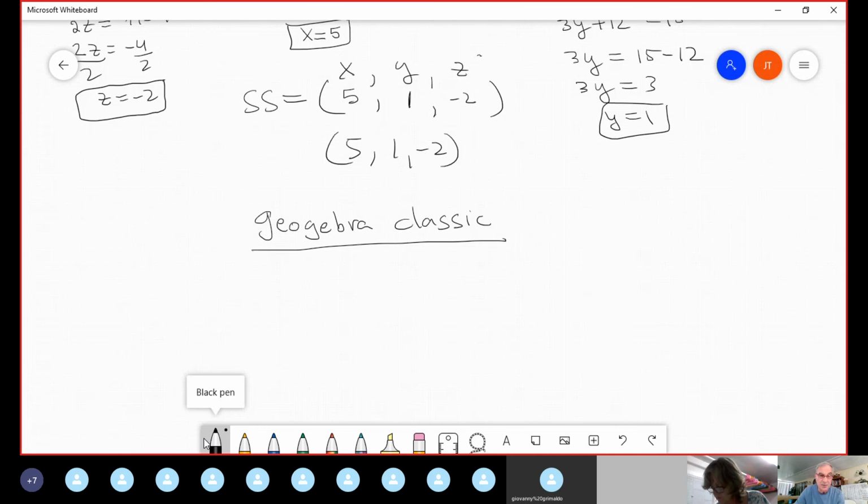You go to your browser, Google Chrome maybe, or whatever, and go to Geogebra Classic. You can create an account, though it's not necessary. I have my account. Let me switch screens to Geogebra.